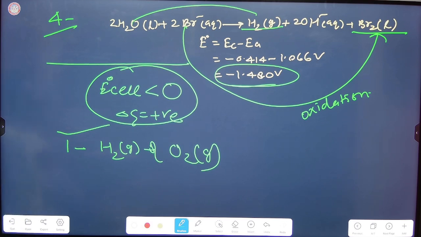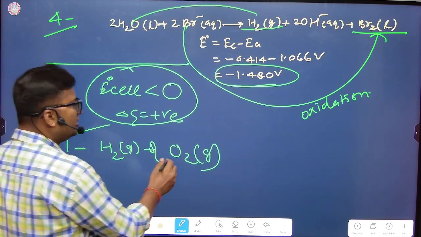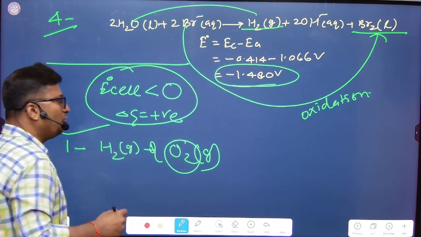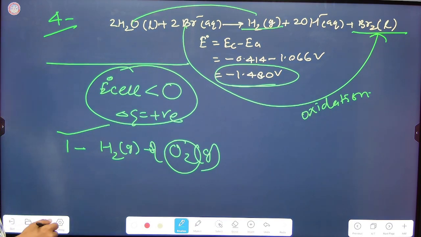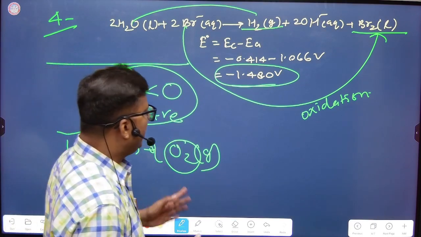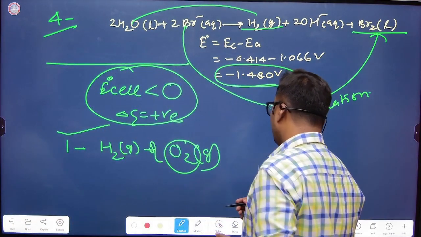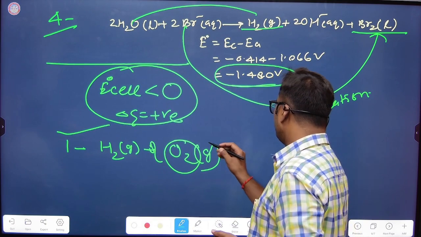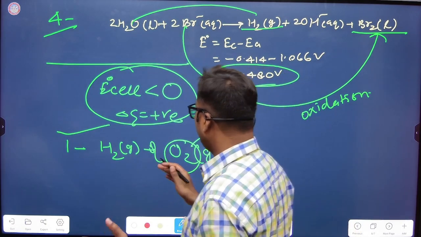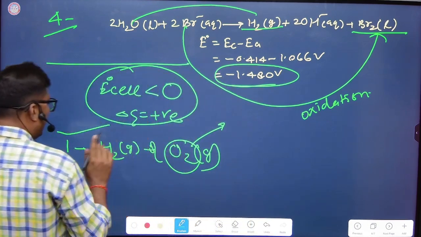This is the beauty, because we all need oxygen gas. The electrolytic cell produces hydrogen gas, which acts as a fuel, a source of green energy, and oxygen is required by all humans and living organisms. So this is the most important use, the electrolysis of water.